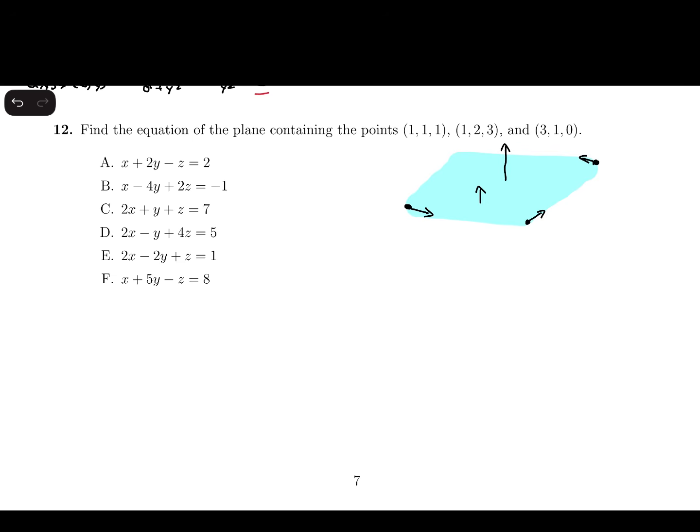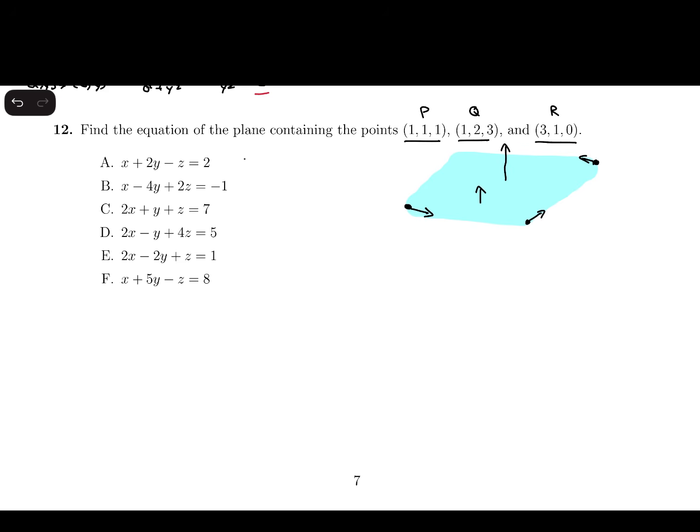So if we want to find this normal vector, all we have to do is find the cross product of these points. But currently, these are just points. So how do we create a vector? Well, I'll define this point as P, this point as Q, and this point as R. Now we can actually make vectors.